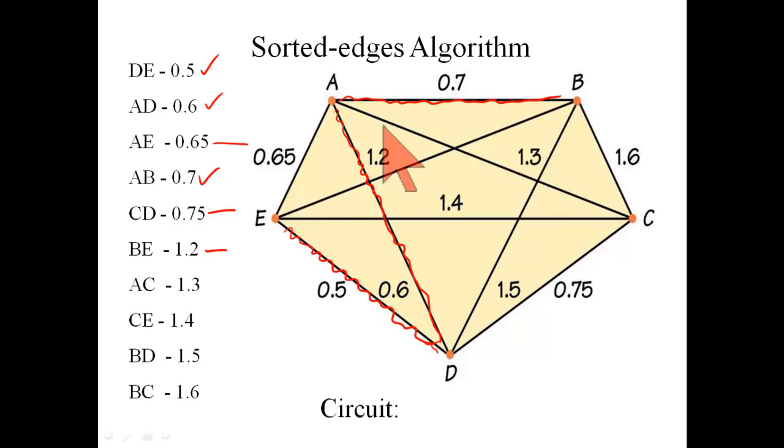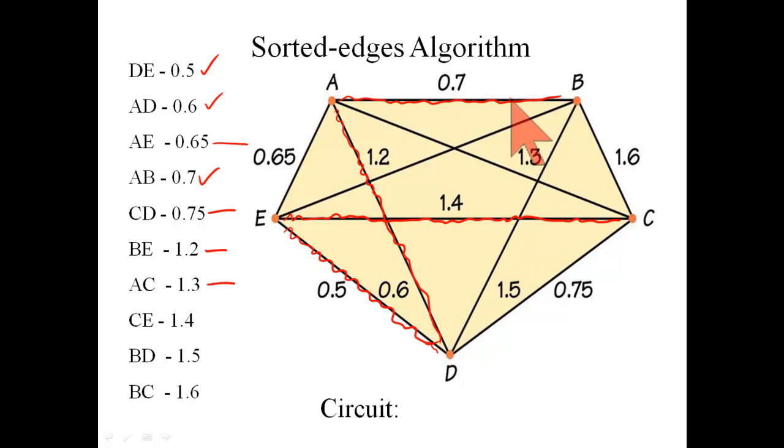AC? No. Already have 2 edges coming into vertex A. CE? That's here. Yes, I think so. Notice something about this algorithm. It works differently than nearest neighbor. It doesn't keep adding the edges end to end and building the circuit that way.